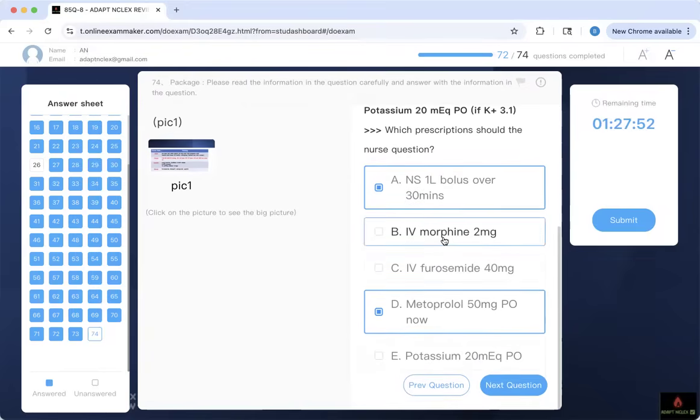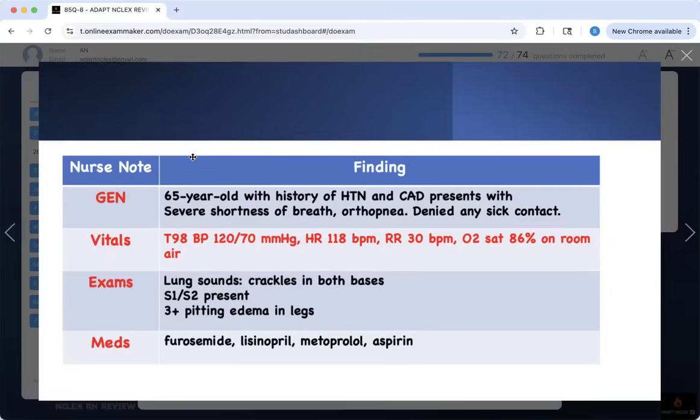Morphine, why do you give morphine? What do you think? When somebody is having respiratory issues, sometimes morphine can be given. But morphine is given based on what? Their respiratory rate. If they're tachypneic, you can slow them down. But if the respiratory rate is already like 10, 12, and you give them morphine, it drops them more to like 5, and they die.